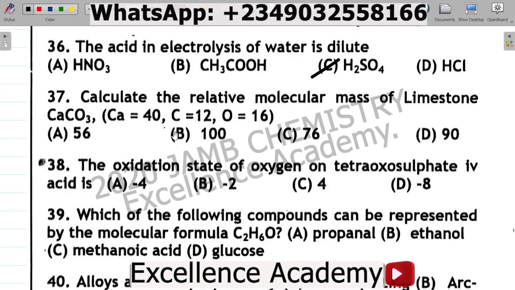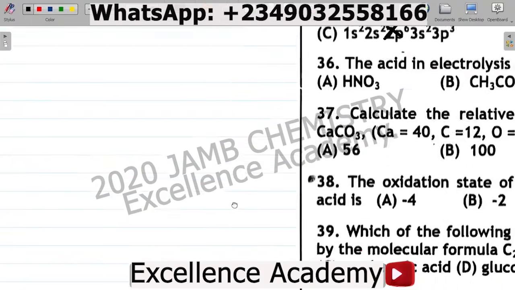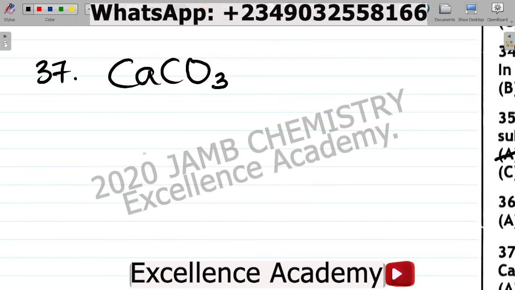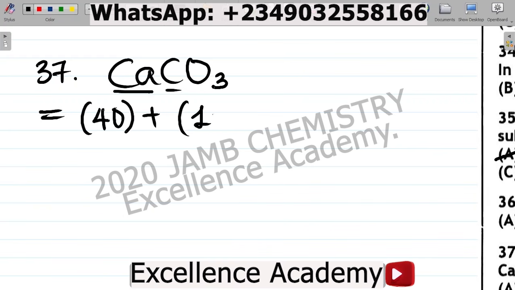All right, let's get the relative molecular mass of CaCO3, calcium trioxocarbonate 4. For calcium, we know that the atomic mass is 40. So 40 plus, for carbon, the atomic mass is 12 as given. So we have 12 plus, for oxygen, the atomic mass of oxygen is 16, times 3, because you have 3 atoms of it.